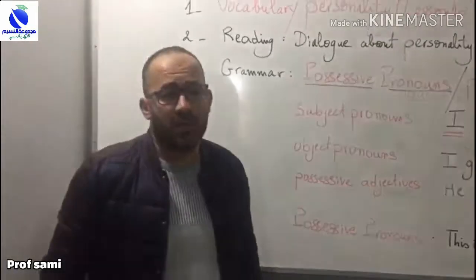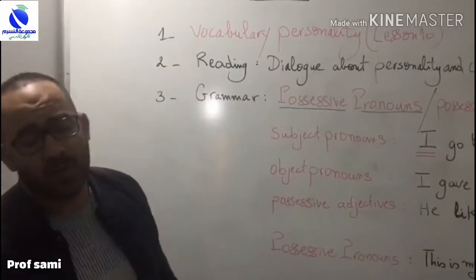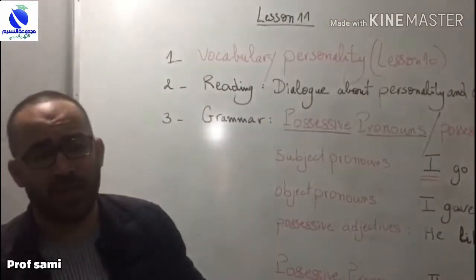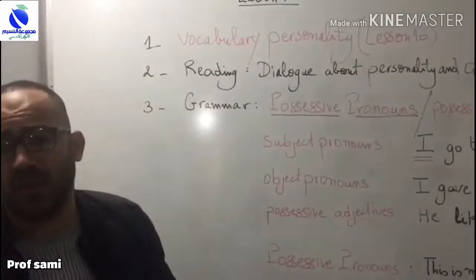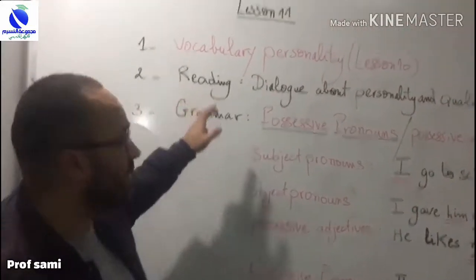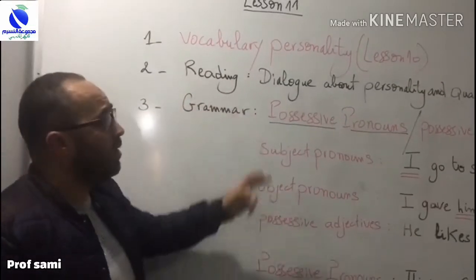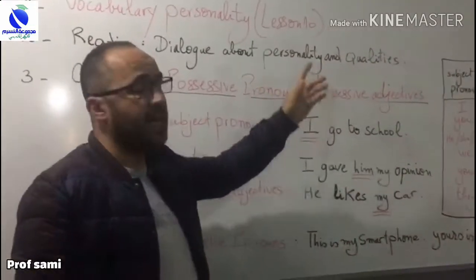So as I told you, we talked about personality qualities and how to describe them, and how to describe the physical appearance of people. In this new lesson, we also have a reading part, where you can find a dialogue about personality and qualities.